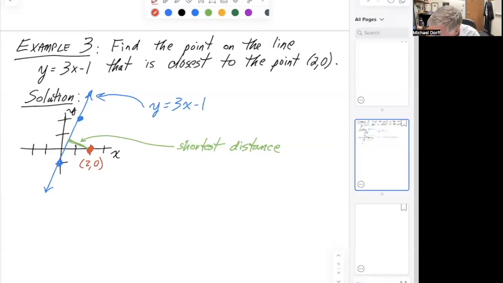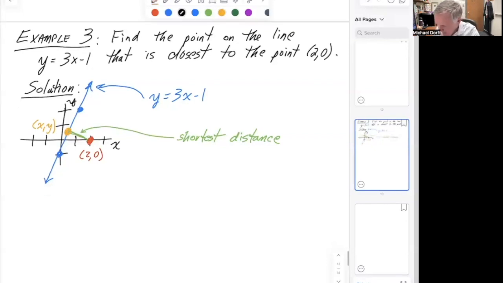All right, so I'm going to put another dot here on the blue line, and I don't know exactly where that dot is. On that orange dot, if it moves up and down, the distance will change. And I want to find where that is, the X and Y value, where that will make the green line the shortest. So I'm going to call the orange one X, Y.